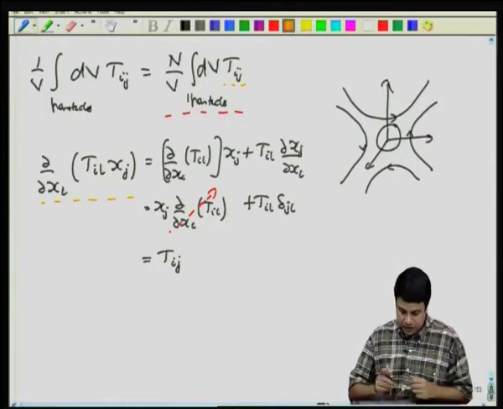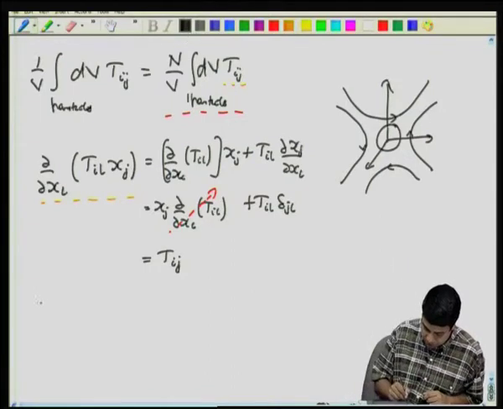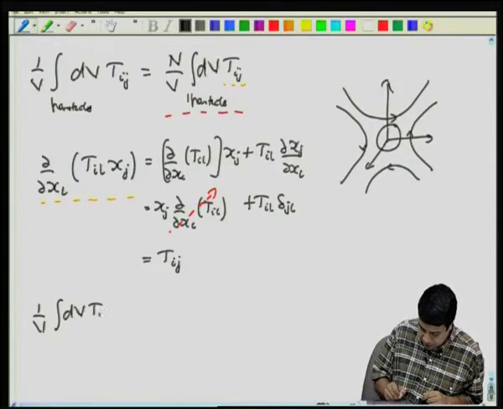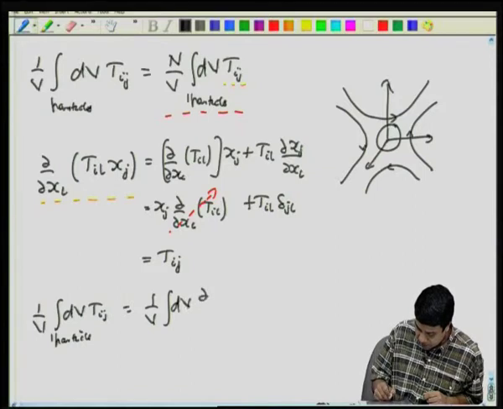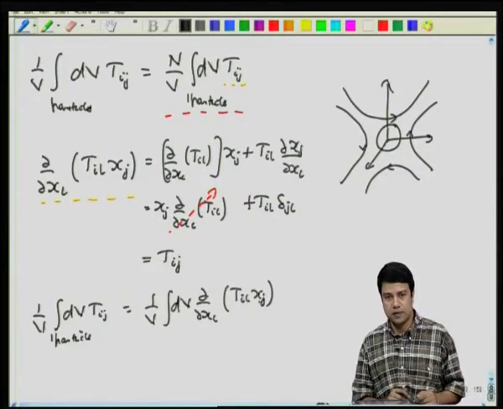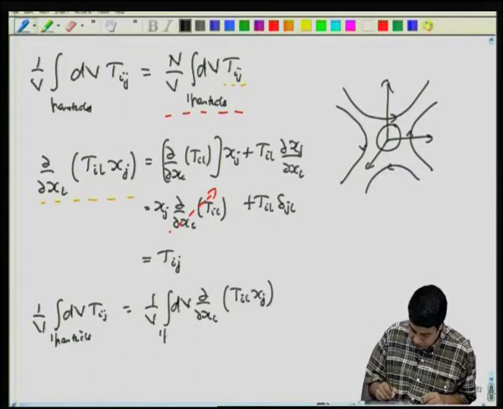Therefore, 1 by V integral dV of T_ij over 1 particle is equal to 1 over V integral dV of partial by partial x_L T_iL x_j over 1 particle.